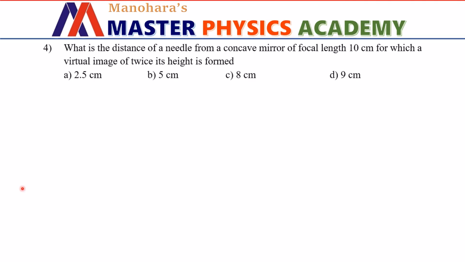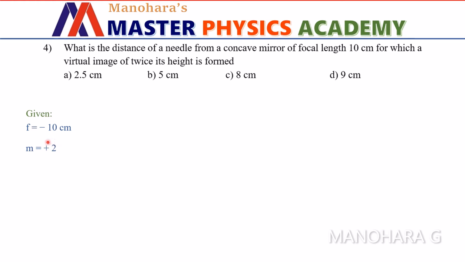What is the distance of a needle from a concave mirror of focal length 10 cm for which a virtual image of twice its height is formed? Given that the focal length of the concave mirror is 10 cm, but remember to add the sign, which is negative for a concave mirror. The magnification is given as +2.